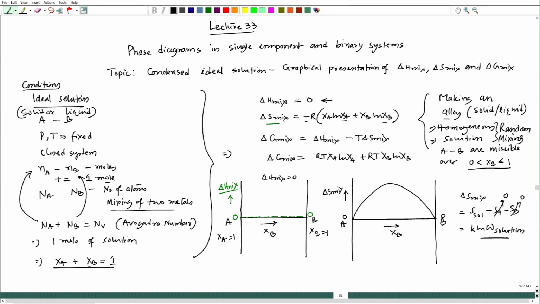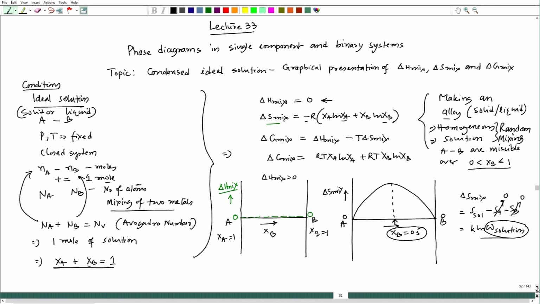So, now from here this particular thing we have taken as no preferential sites, rather every A and B are completely miscible over the entire composition range, and those are randomly mixing. No specific preference for A to A, or B to B, or A to B. Now, at the midpoint, x_B equal to 0.5, only then you get this particular point.